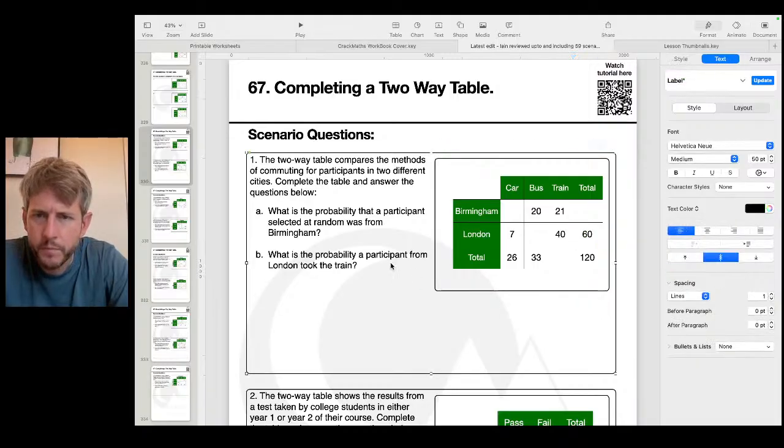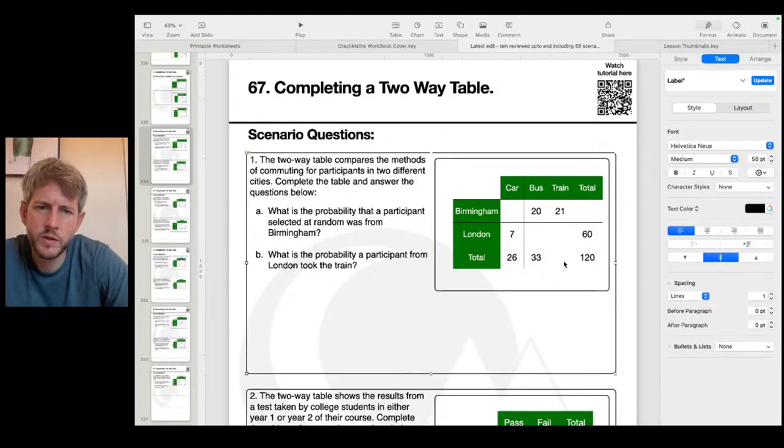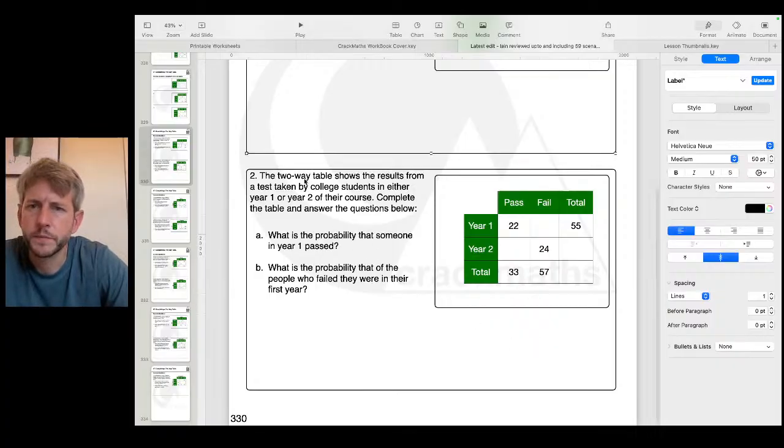Right, so that can go. What was the probability that our participant from London took the train? And I actually can just delete that because you can still work that out because you can get this number and then you can get that number. Okay. Right.